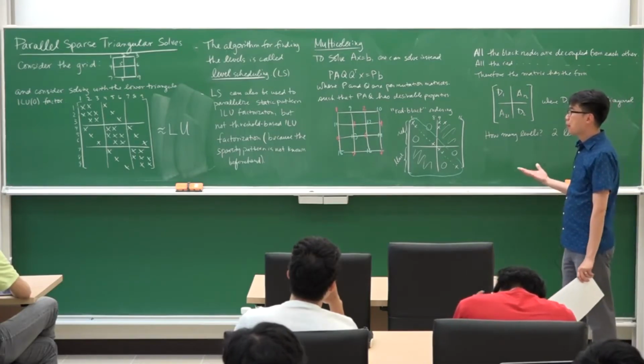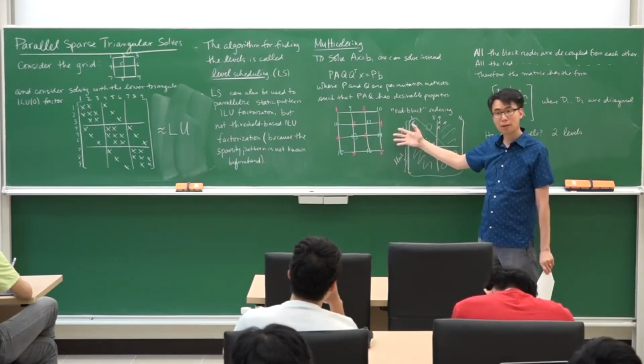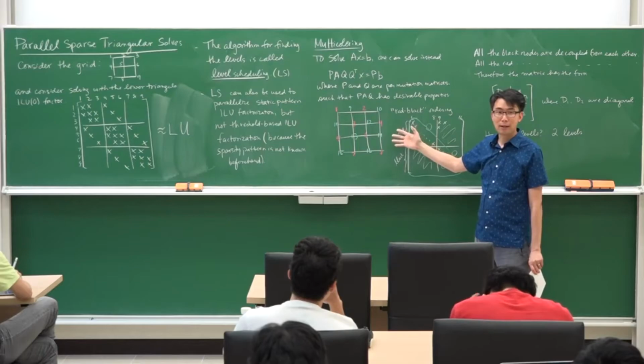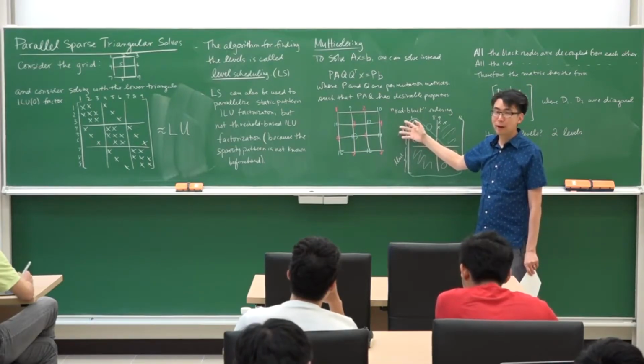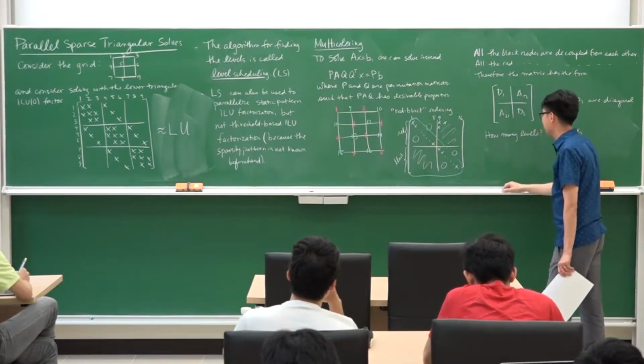Now, if you're given an arbitrary mesh, you cannot color using 2 colors. So 2 colors will work if you have a Cartesian mesh and a 5-point stencil or a 7-point stencil for your differential operator.